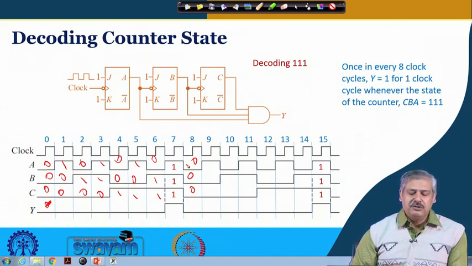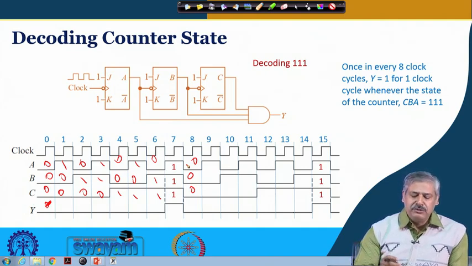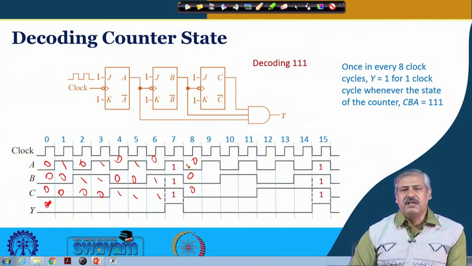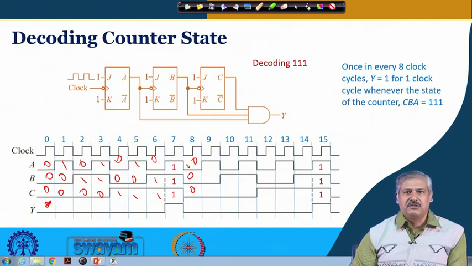That way we do not need an additional step where we look at all the three values and infer whether a count of 7 has taken place, or a count of 5, or some such thing.